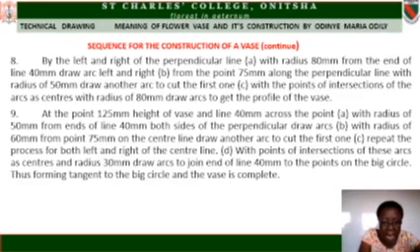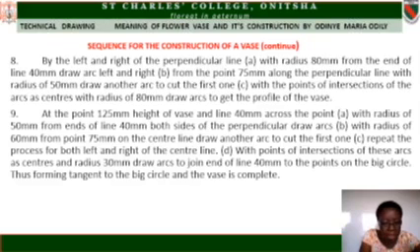9. A. At the point of 125 millimeters height of vase, and line 40 millimeters across the point, with a radius of 50 millimeters from the end of the line, draw arcs on both sides of the perpendicular. B. With a radius of 60 millimeters from point 75 millimeters on the center line, draw another arc to cut the first one.